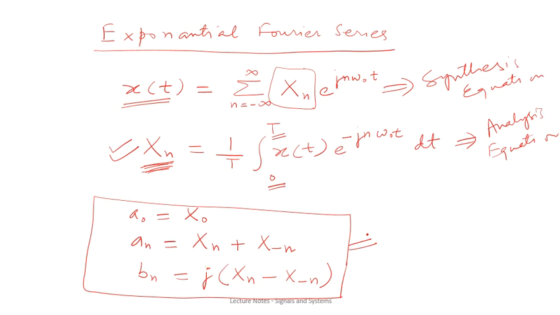If you have the value of Xn, you can very easily calculate the trigonometric Fourier series coefficients from here, and if you have the trigonometric coefficients, you can always obtain the Fourier series just by putting these values of the coefficients in the expression of the Fourier series.